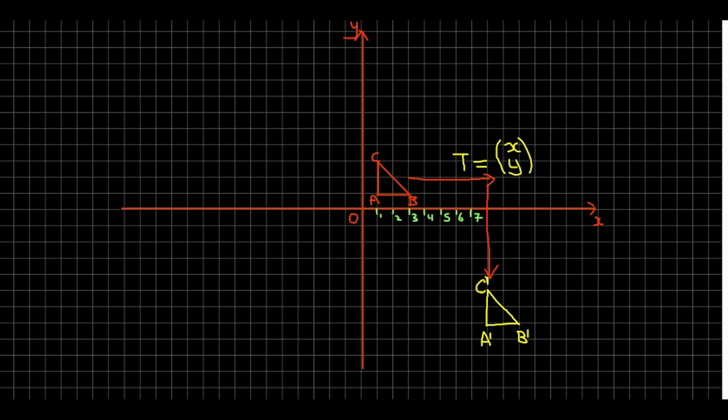But if I ask you all, well, describe for me the translation which took place here. Can you do that for me? Can anybody do that? Describe the translation which took place. Exactly.